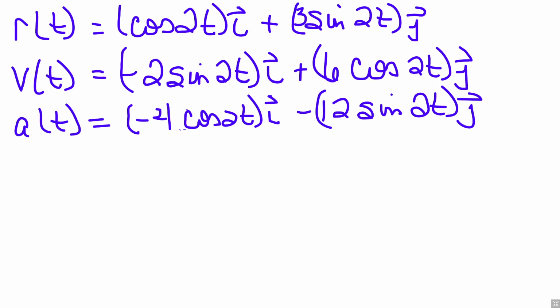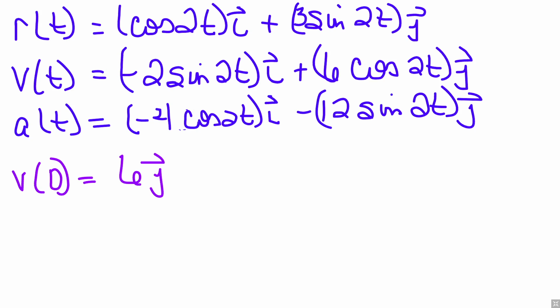Okay, so our velocity vector when t is 0 is going to end up being just what? Negative 2, 6, so it's going to be 6 in the j direction.